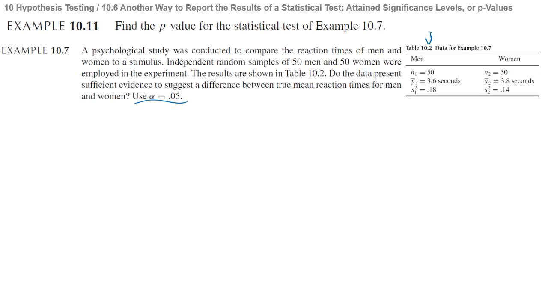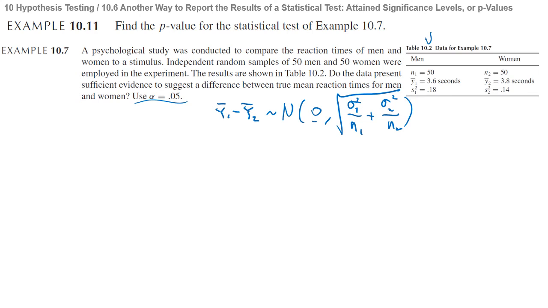From here, the test statistic is y1 bar minus y2 bar. Actually, what we know is that y1 bar minus y2 bar follows a normal distribution. Under the null hypothesis, it follows mean 0, and the standard deviation is the square root of sigma1 square over n1 plus sigma2 square over n2.